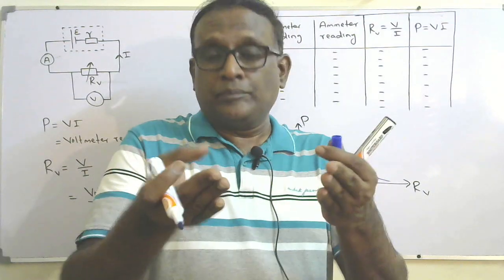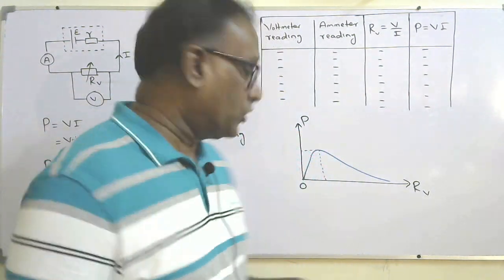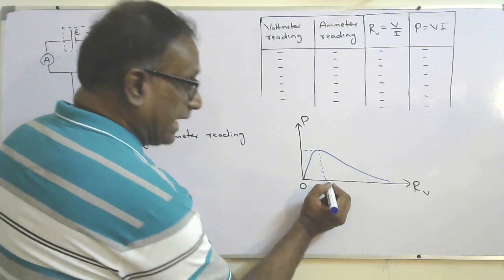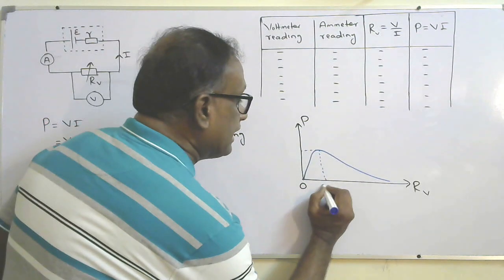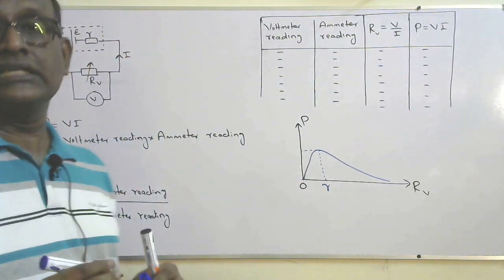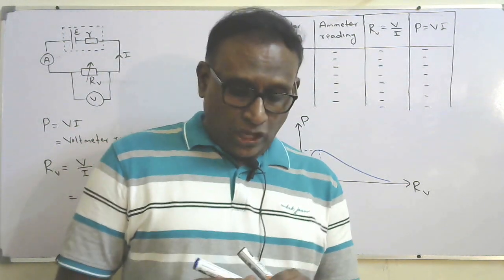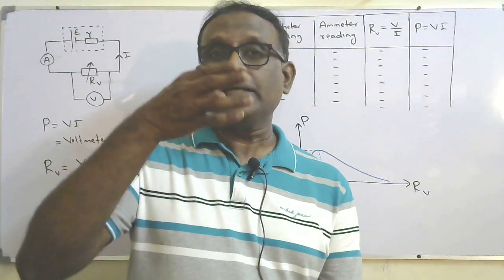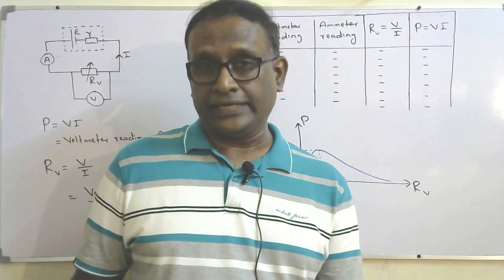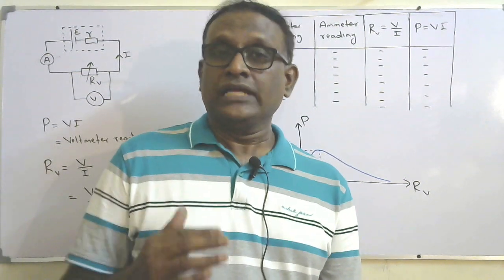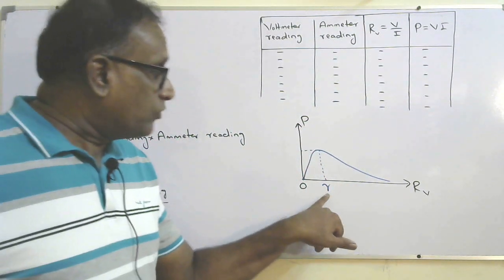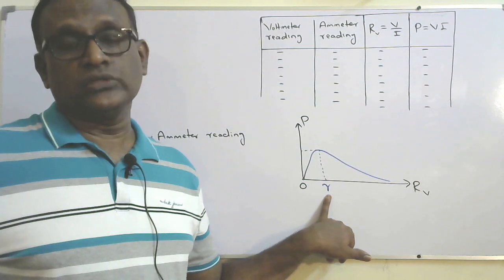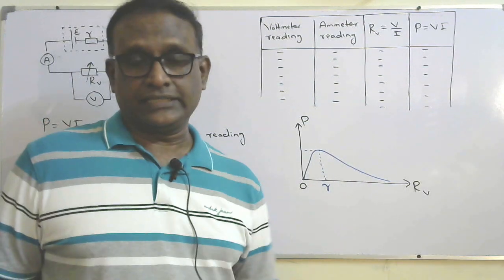You will see that value is equal to, interesting, the internal resistance of the power supply. That means when the resistance of the external component becomes equal to the internal resistance of the power supply, optimum power will be transferred to the external component.